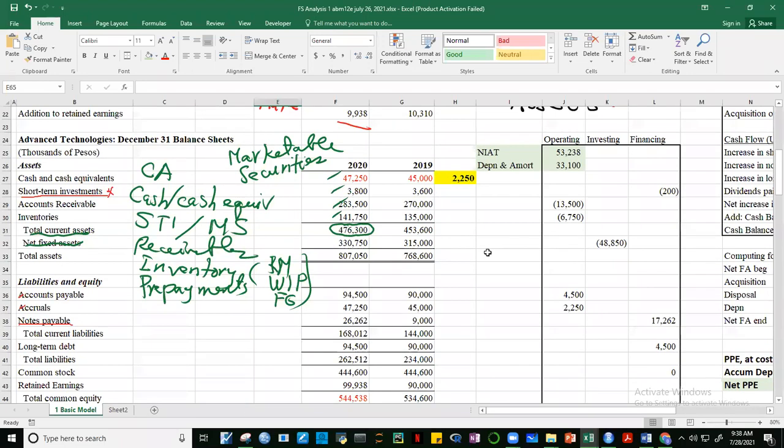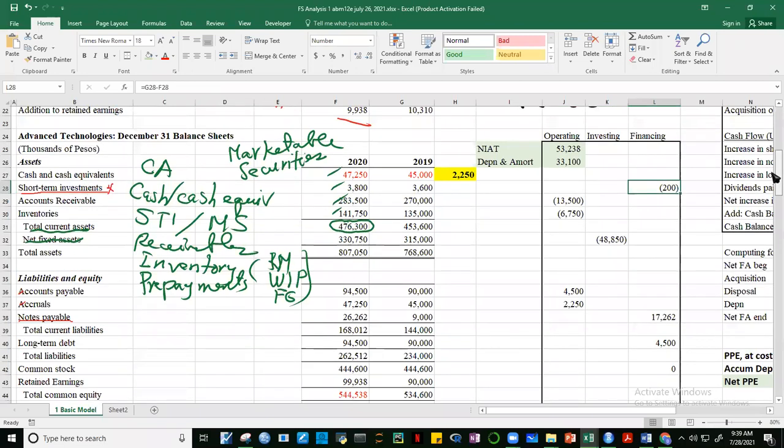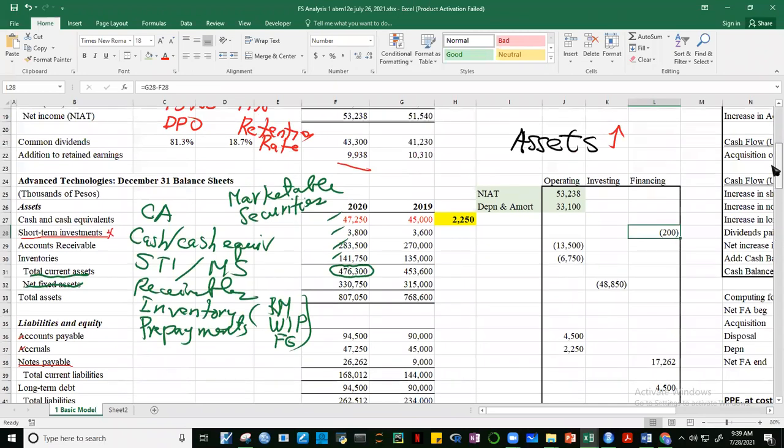Gusto ng management malaman kung how well we have used the resources at our disposal. So, itong short-term investment na ito, this is not operations. In fact, yung increase nito, pinapasok natin sa financing. So, we would like to assess, okay, binigyan tayo ng operating na current assets, anong profit ang na-generate natin out of that. So that's the idea here.